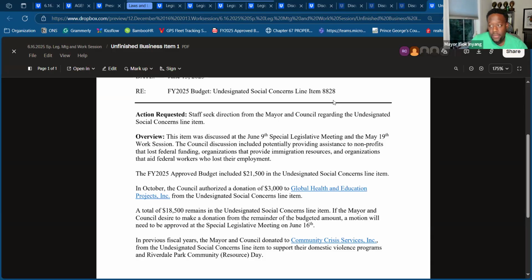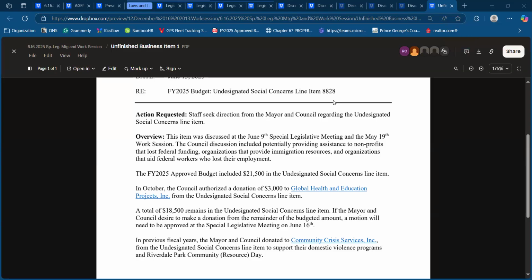Any other thoughts? Like I mentioned before, we have to give direction to the town staff and vote on it if we want to make a motion to use these funds now. I believe if no action is taken, then the $18.5 thousand that's remaining will just go to the general fund.